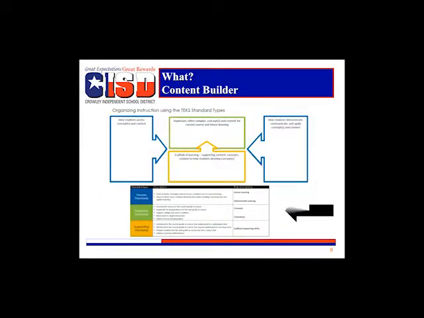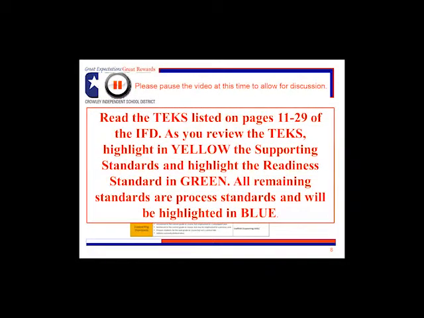If necessary, refer to the organizing instruction using the TEK Standard Types document to review the description and each standard's role in learning. Remember that blue process standards fall into one of two basic categories: how students access learning or how students demonstrate learning. Please take a moment to complete this task.